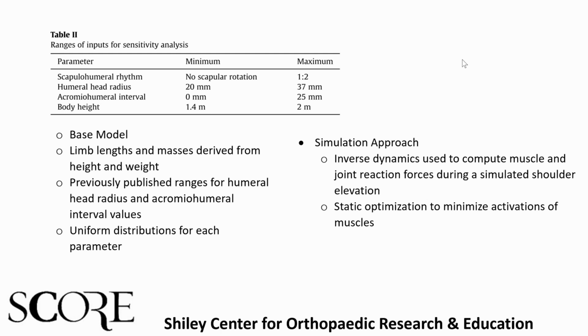We also had a scapulohumeral rhythm, and that was varied from a minimum of no scapular rotation. We had models that had no scapular rotation, so the entire arm elevation was all glenohumeral motion, and then we had a maximum of 1 to 2, so 1 degree of scapula rotation per degree of humeral elevation to 2 degrees, which is a very extreme case.